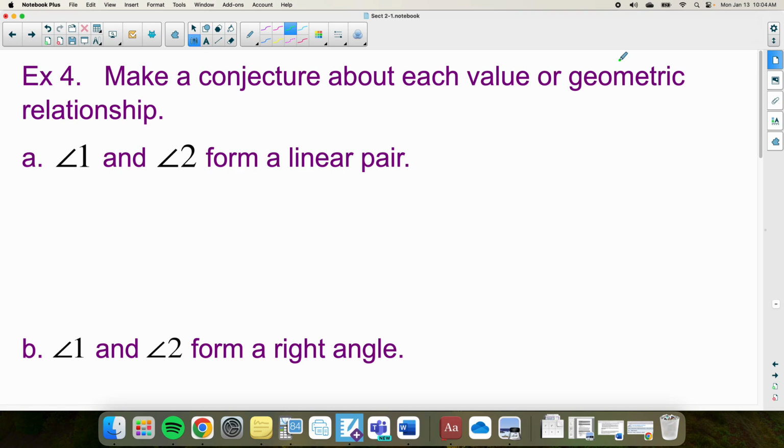A linear pair is a pair of angles that form a line. So it looked like this, okay? Like that. What do we know about a linear pair? If you added angle 1 and angle 2, what should they equal?